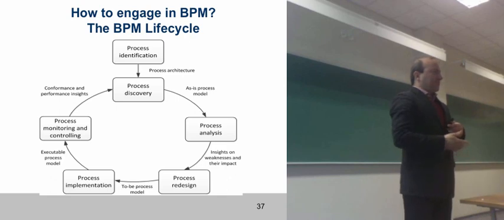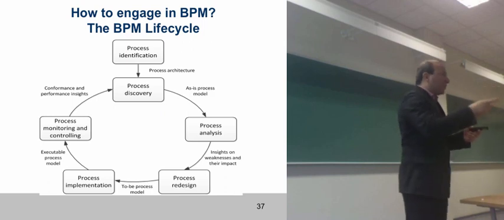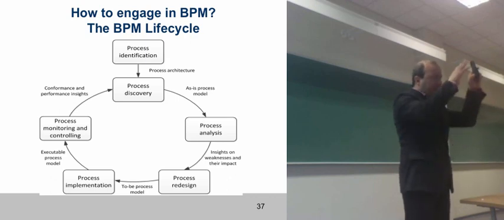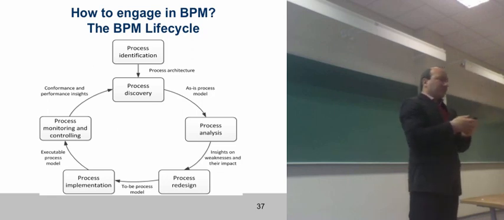So initially, the processes do not necessarily have a name in a company. And then we have to delimit them, say, this is a process, from here to here. Scope them, give them a name, understand they are a process. So we need to identify the process.